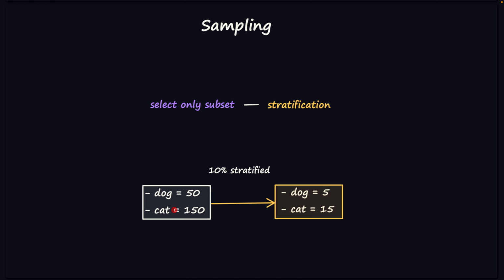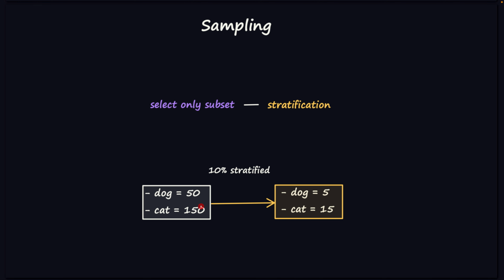If we do random sampling, then there is no guarantee that the output will also have 25% dog images and 75% cat images. Because it is going to be random, we cannot guarantee this underlying distribution. But when we do stratified sampling, we will make sure the sampled data will also maintain the underlying distribution.